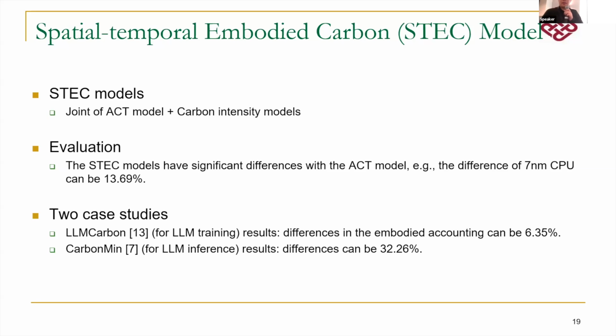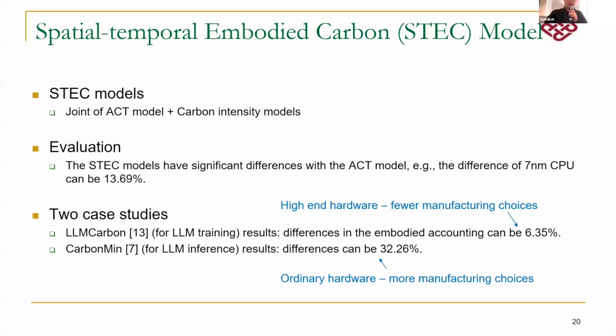And we can find the difference of LLMCarbon is 6.35%, which is smaller than that of Carbon Mini, 32.26%. This is because Carbon Mini uses ordinary hardware with great spatial temporal choices in manufacturing, while the hardware for LLMCarbon is more restricted.